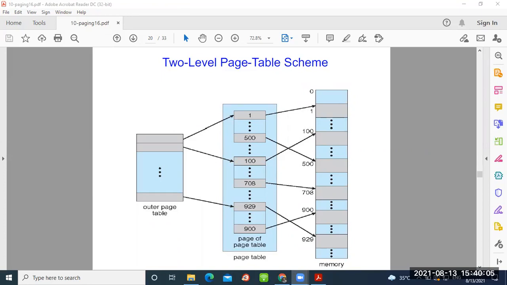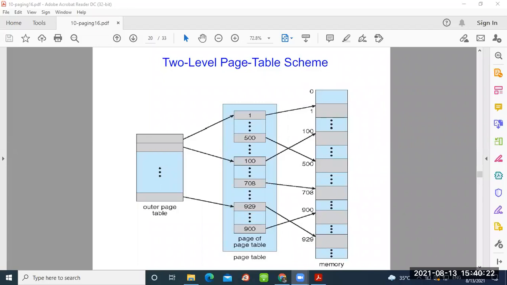Instead of one-level paging, as we know the page table is of limited size, and every process will have its own page table. So there may be a chance that we cannot store all the pages. What is the second drawback?